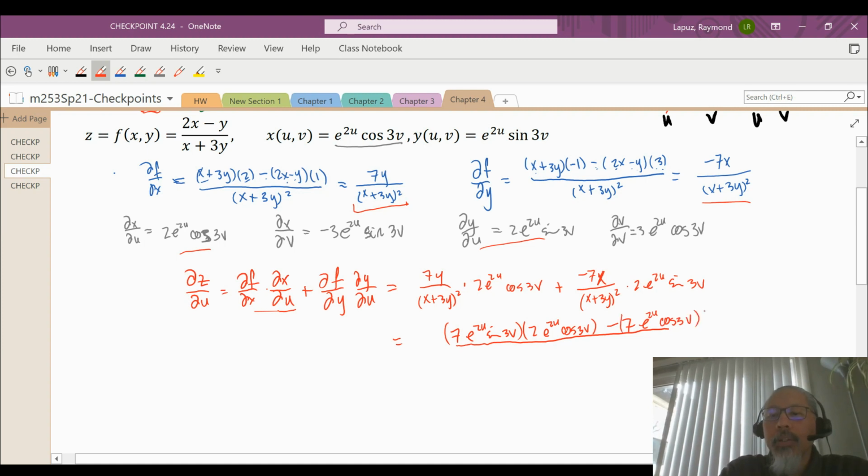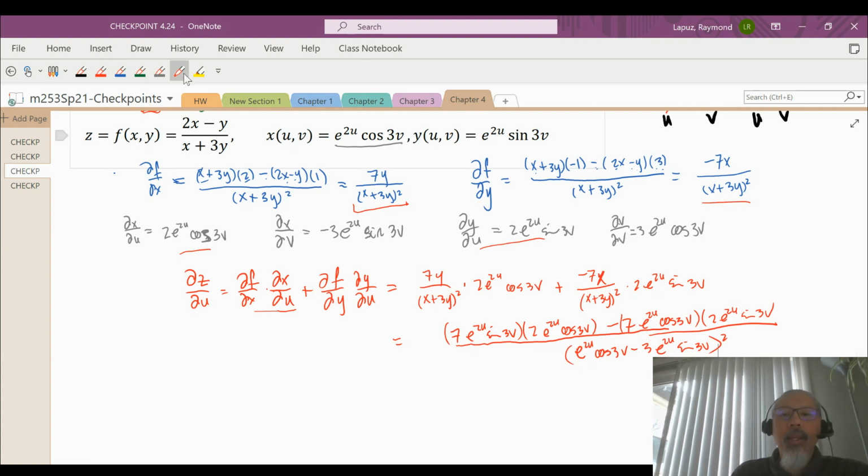And then we just have this other 2e to the 2u sine 3v. And the denominator is going to be e to the 2u cosine 3v minus 3 times e to the 2u sine 3v quantity squared.